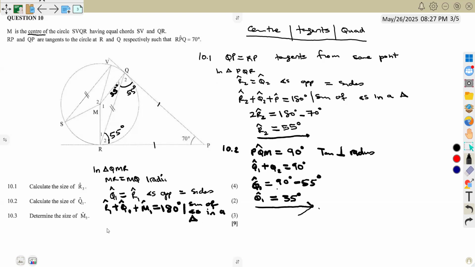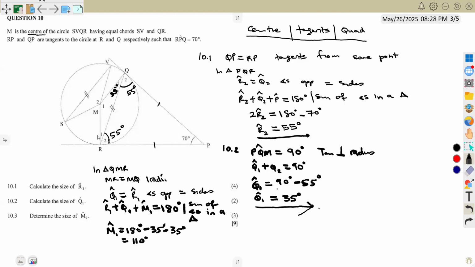So it means M1 must be equal to 180 degrees minus Q1, which we know to be 35 degrees, minus R1, which we know is equal to Q1, which is 35 degrees. So we can conclude that M1 is equal to 110 degrees.